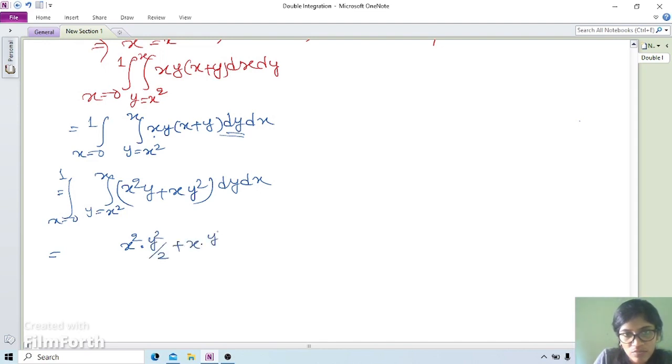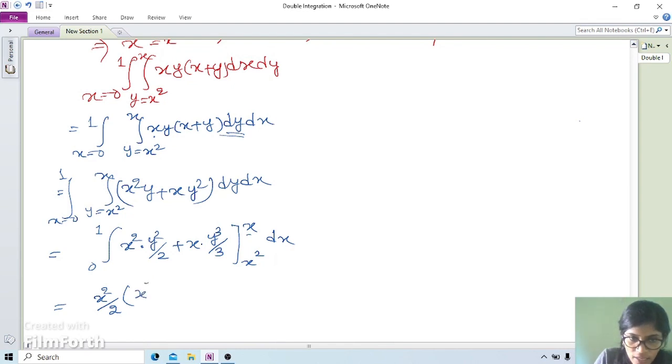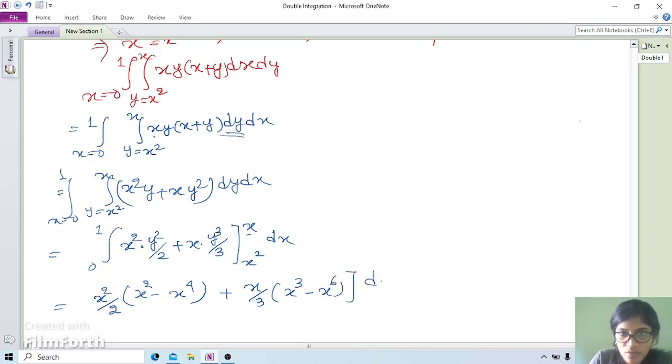Here x into y cube by 3, limit is x square to x, dx, integration 0 to 1. Which is equal to x square by 2 into, in place of y square, first put x square minus the lower limit squared, that means x to the power 4, plus x by 3 into x cube minus x square its cube, that means x to the power 6, dx, integration 0 to 1.